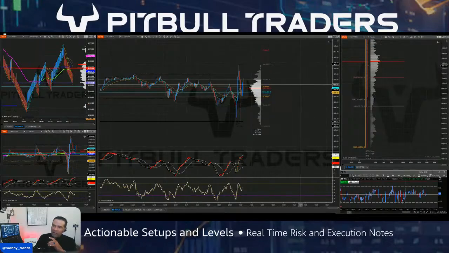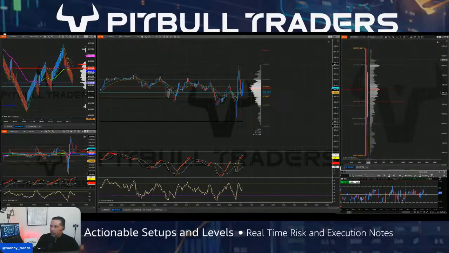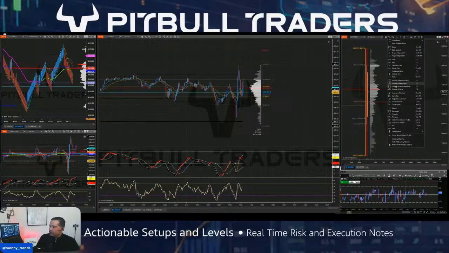If we stay within this range for the rest of the day, and we form a bell curve in here, on the right hand chart, where we just do something like, where is that tool?